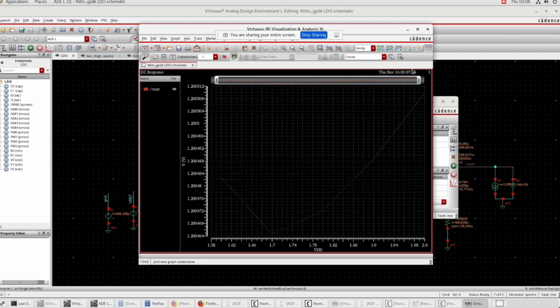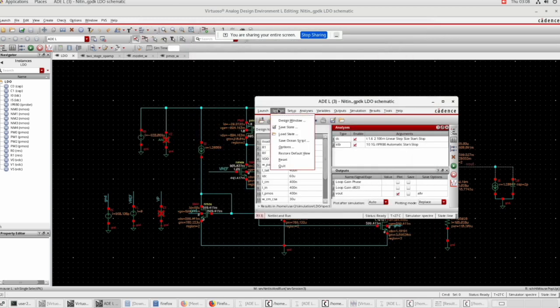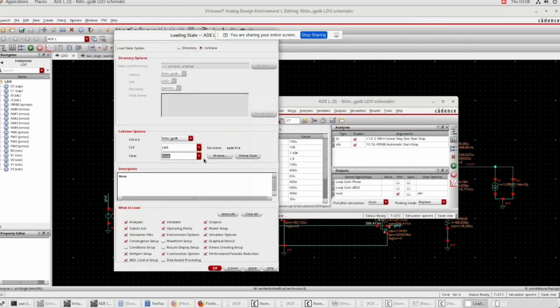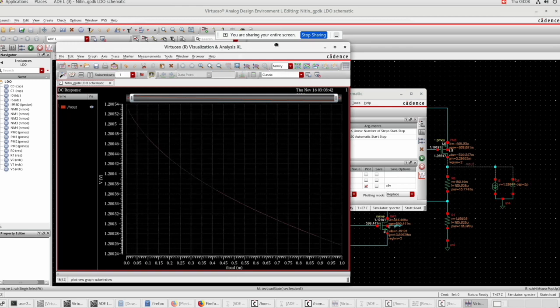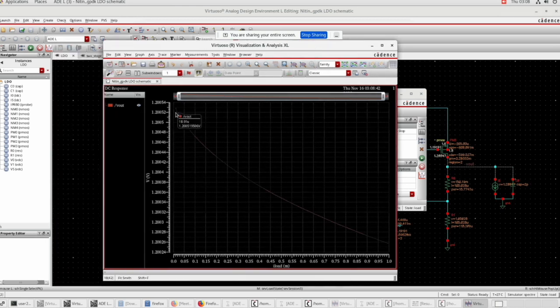Now let us see the load regulation. In the load regulation, I am varying this current from 10 microampere to 1 milliampere. So again here also we can see that the variation is very low.